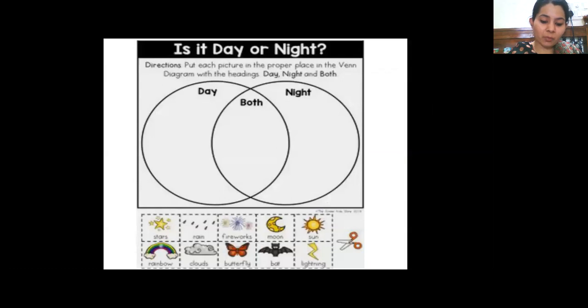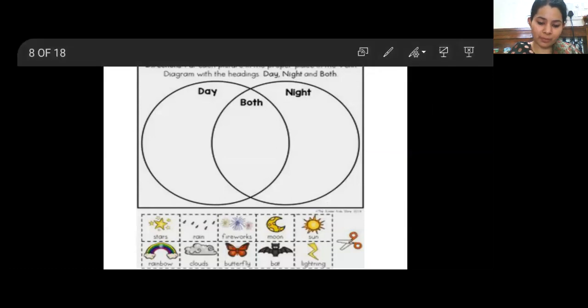So here we are talking about day, night, and both. Let us see what the information we have to put across. So here I have stars, rain, fireworks, moon, sun, rainbow, clouds, butterfly, bat, lightning.